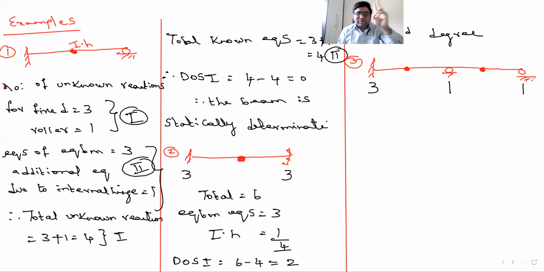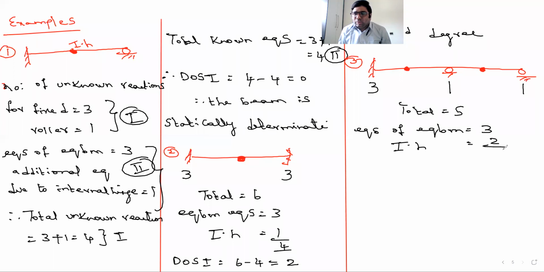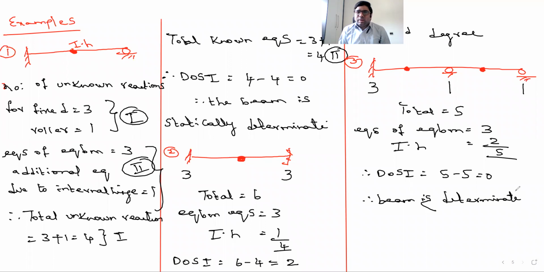So total 5. Equations of equilibrium 3, internal hinges 2, so this is also 5. Therefore, degree of static indeterminacy is equal to 5 minus 5, that is equal to 0. Therefore, the beam is determinate.